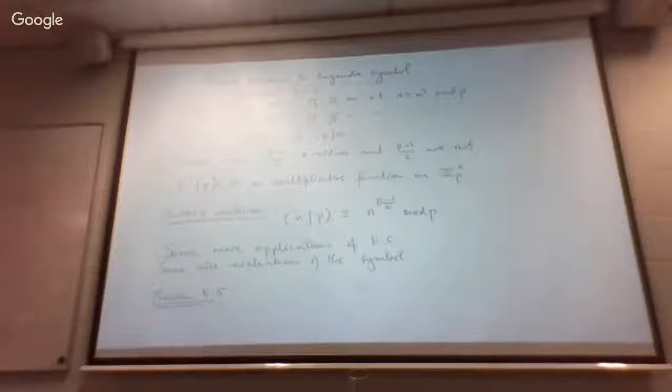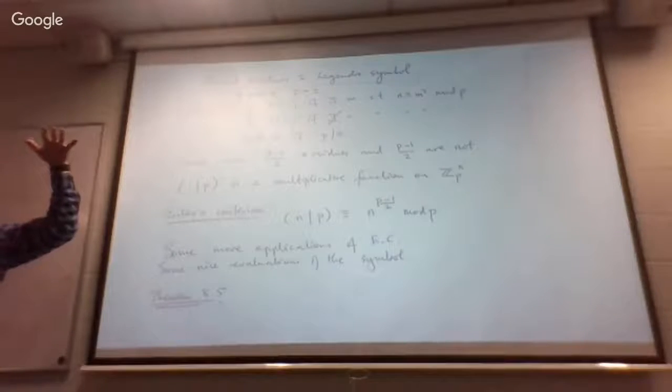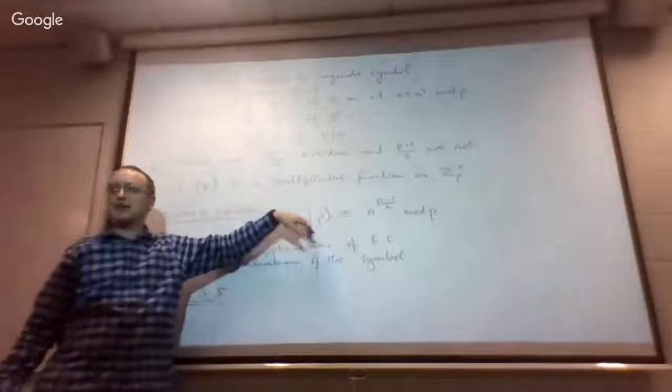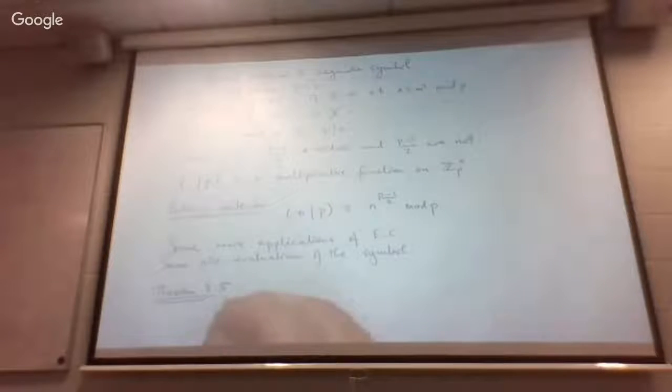If we can get a couple of results together about how the symbol behaves for small n, then we can hopefully reduce all the symbols with the big n's down to ones involving the small n's and make use of those results. So this result is very much in the nature of that.